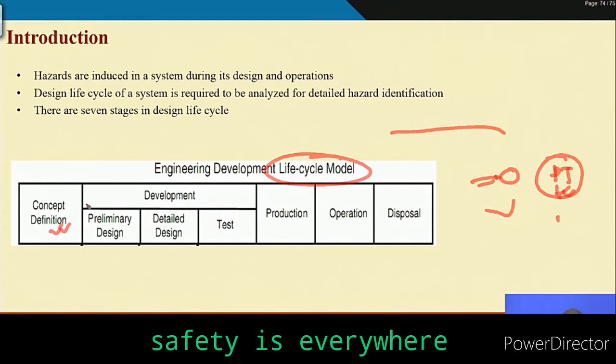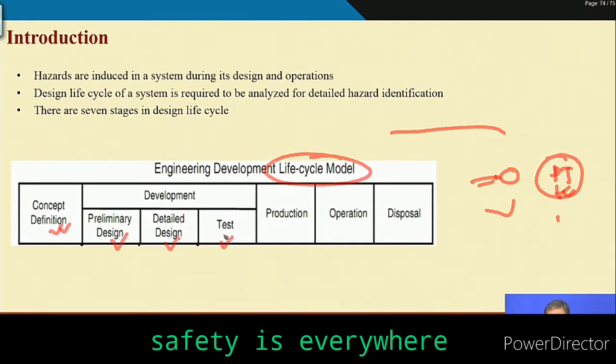Then from the concept definition, knowing the customer's requirements, ultimately there can be many ideas. Some of the ideas will be better ideas and finally, one of the ideas will be selected and then the detailed design of this product or process will be started by design and development, and here preliminary design, detailed design and testing will be done.